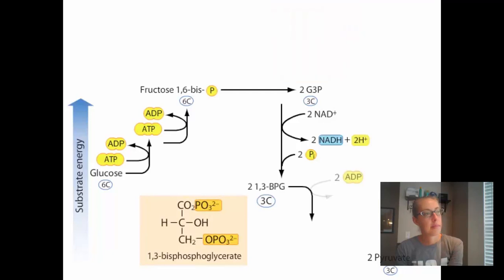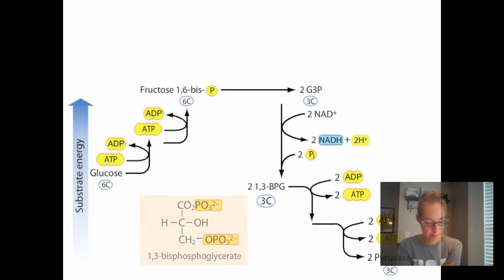Subsequent reactions transfer both phosphoryl groups from each molecule to a total of 4 ADP molecules, making 4 ATP molecules. Notice that although 2 ATP molecules were consumed in stage 1, 4 ATP molecules are produced in stage 2, for a net generation of 2 ATP molecules from glycolysis.